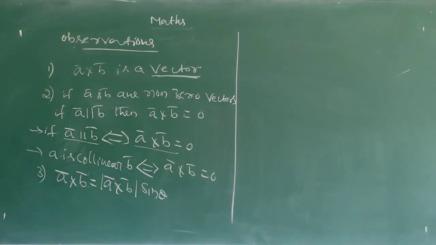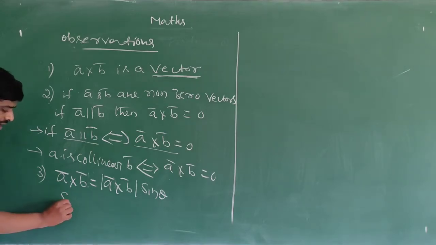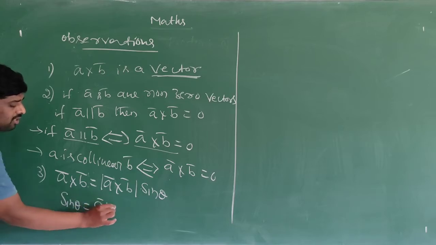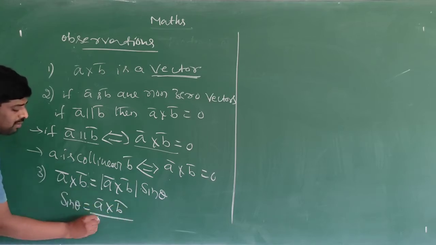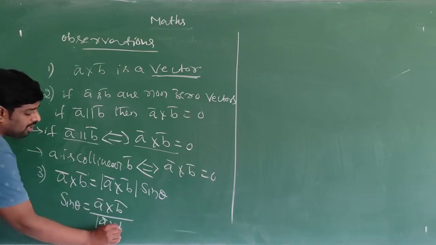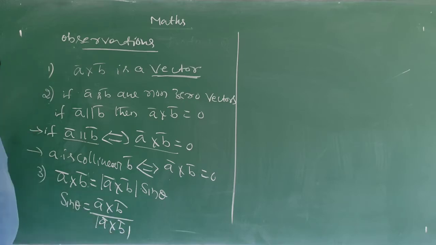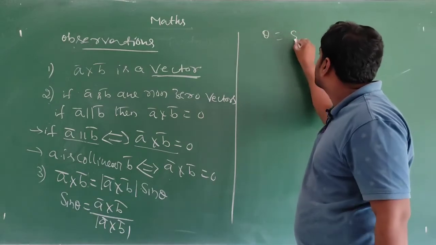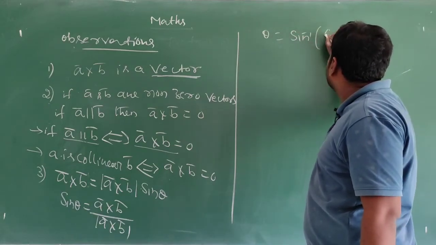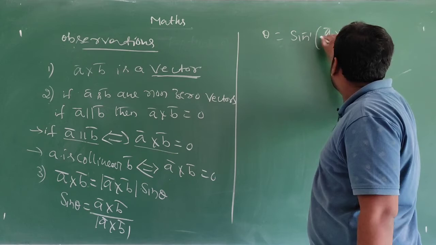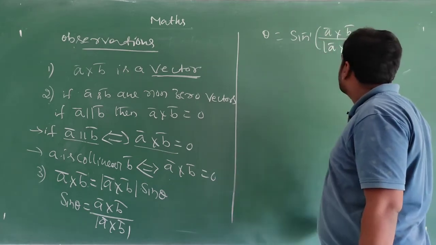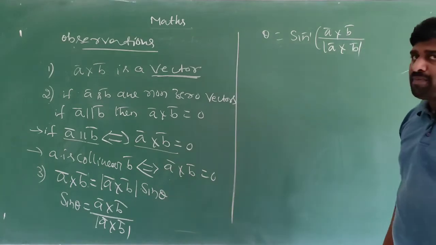Now suppose I want theta: sin theta equals magnitude of A bar cross B bar divided by magnitude of A bar into magnitude of B bar. So theta equals sin inverse of magnitude of A bar cross B bar divided by magnitude of A bar into magnitude of B bar.